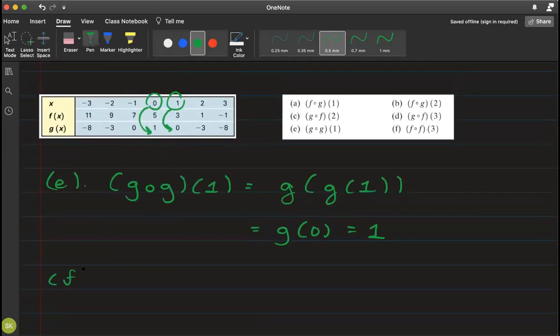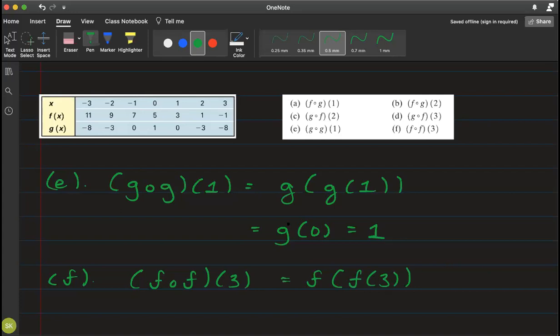So part F is to find F composed of F of 3. Okay, so we start with 3. We plug it into F. Whatever we get, we then plug it into F again. So here's 3.